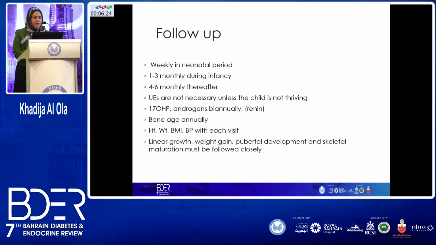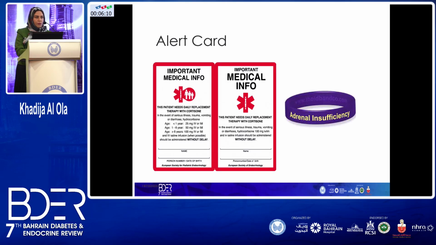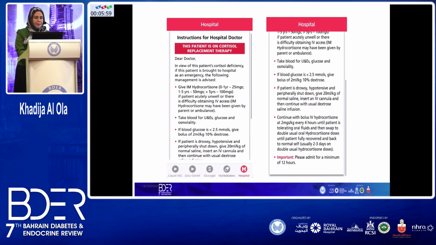And in every visit, it's very important to check the height, weight, BMI, and blood pressure, and closely monitor the linear growth, weight gain, pubertal development, and skeletal maturation. Don't forget to give your patient an alert card or bracelet, so that when he presents to the hospital or any place, they know that he has congenital adrenal hyperplasia.